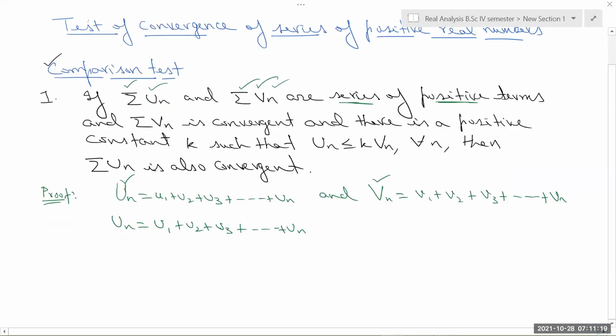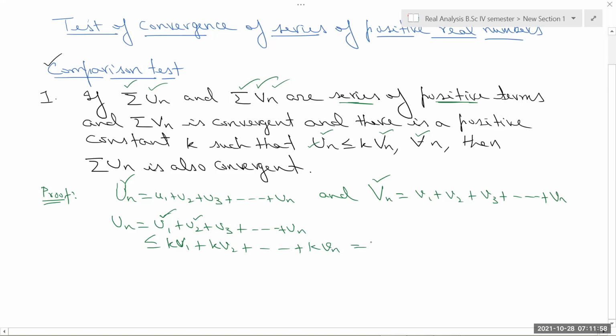Now since, as per definition, each of the un is bounded by k times vn for every n, I can replace each un by its bound. Say u1 is bounded by kv1, u2 is bounded by kv2. So I can write u1 using this relation as kv1 plus, similarly, u2 using this relation we get kv2, and so on, up to k times vn.